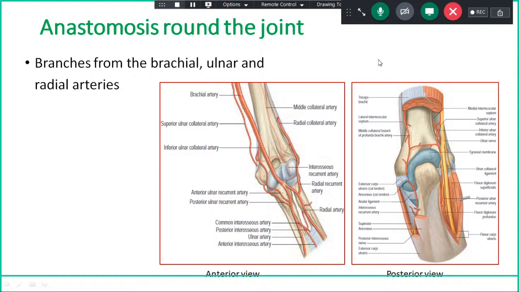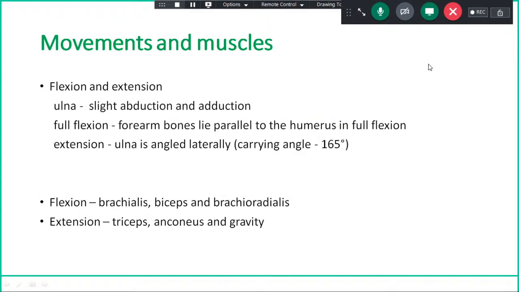Or you can define it as the angle by which the long axis of the forearm deviates from the long axis of the arm. That angle is about 15 degrees. You understand? If you stretch the long axis of the arm downwards, the long axis of the forearm deviates by about 15 to 20 degrees from it.